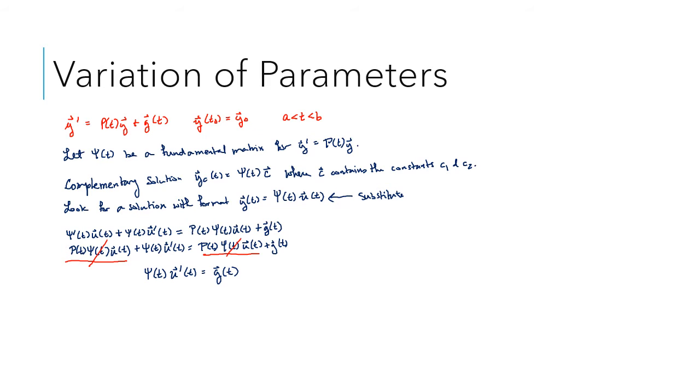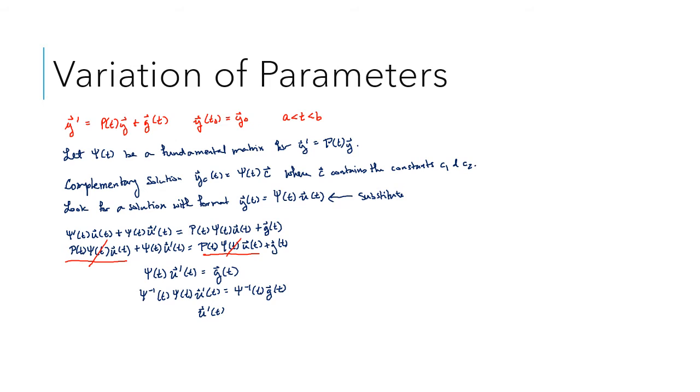Now remember, psi is a fundamental matrix, which means that psi is invertible. So I'm going to multiply both sides by psi inverse. And now over here, psi inverse times psi is the identity, so that leaves me with u prime.